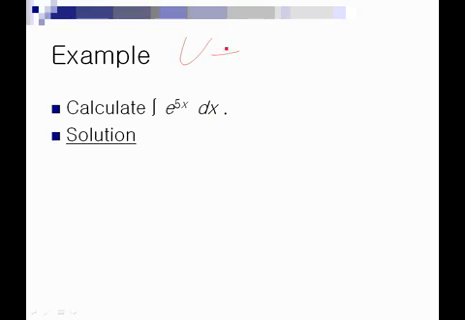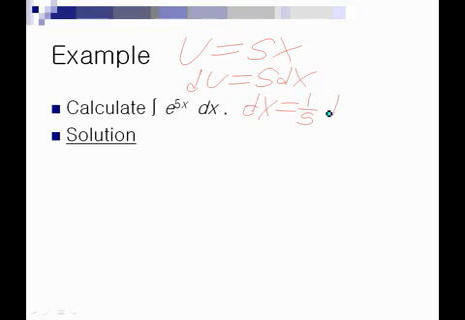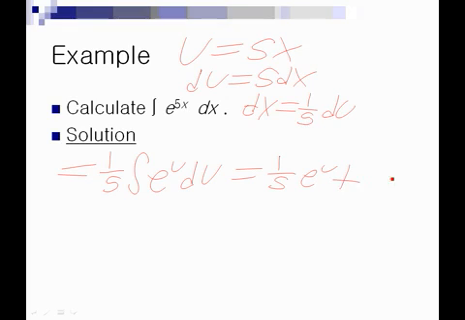You just have u equal 5x, so du equals 5 dx, and therefore dx is 1/5 du, and so now we get 1/5 integral e to the u du, which is of course 1/5 e to the u plus an arbitrary constant, or if you like 1/5 e to the 5x plus some arbitrary constant.